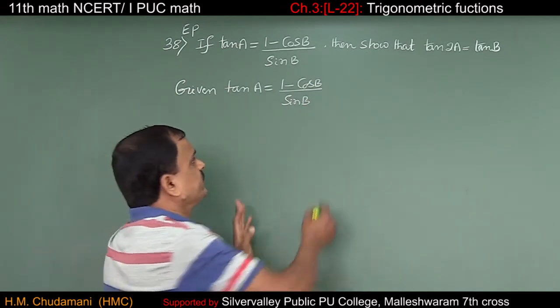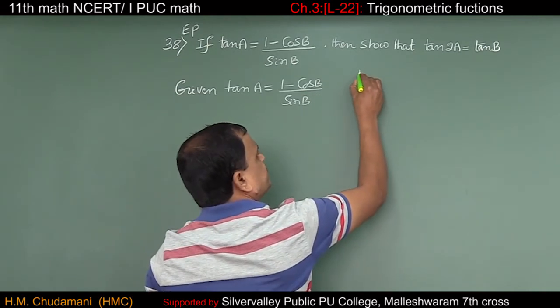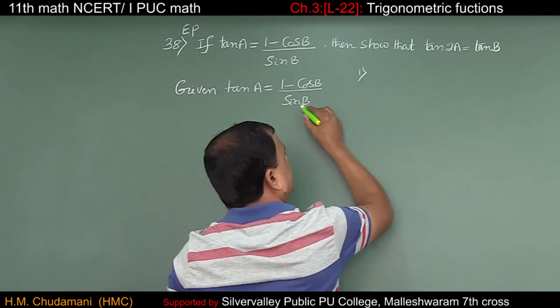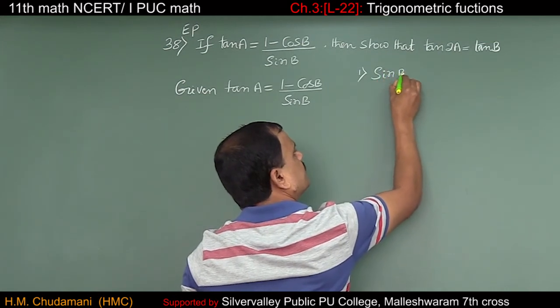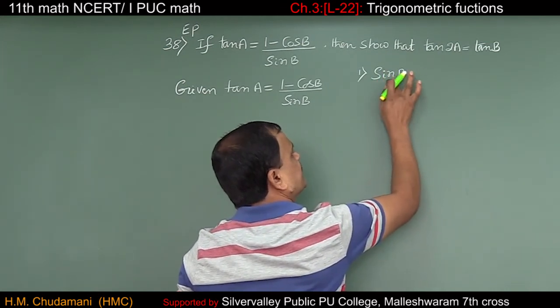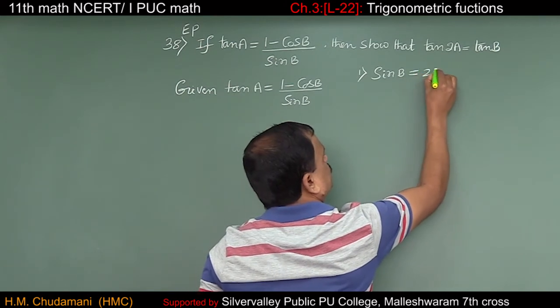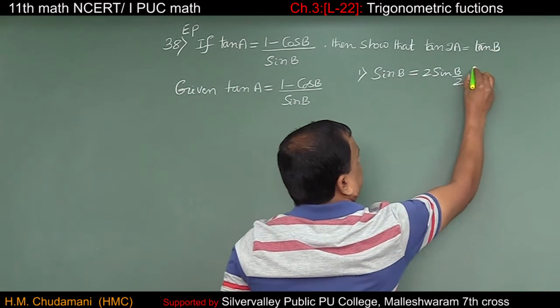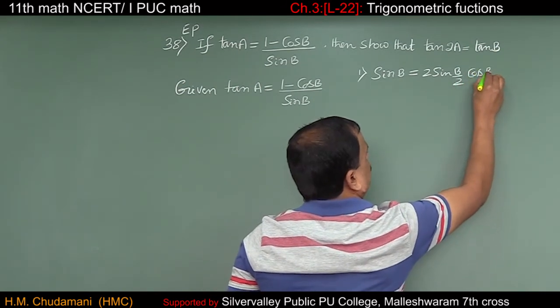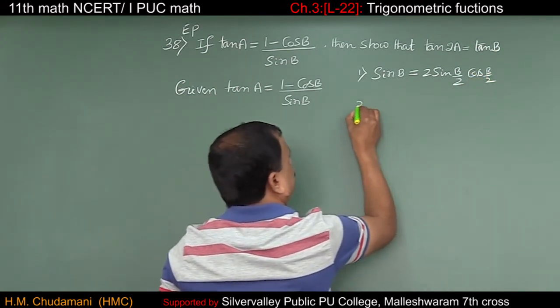tan 2A. So 1 minus cos B. We have the formula for sin B as half angle formula: sin B is equal to 2 sin B by 2 into cos B by 2.